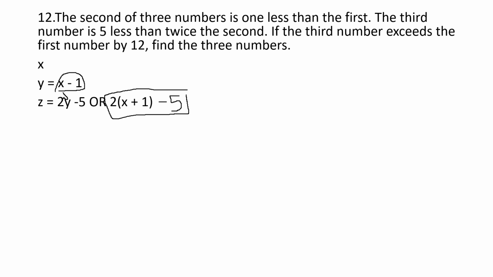Then it says the third number, so this is the second equation for z, exceeds the first by 12, and that first is just x. So x plus 12.